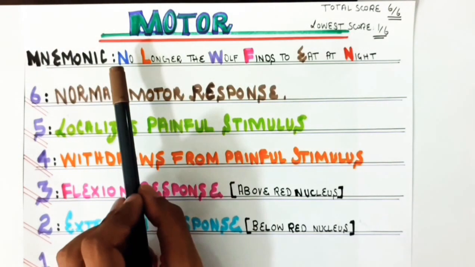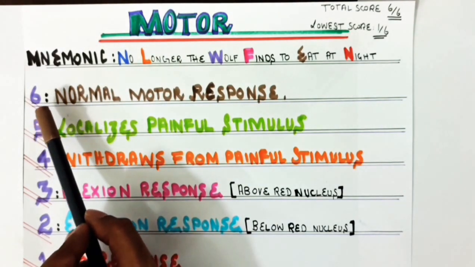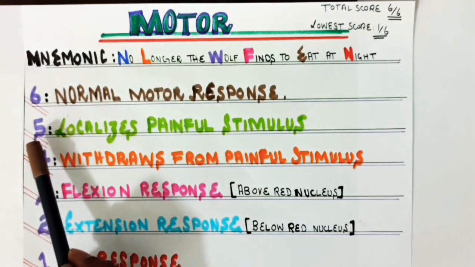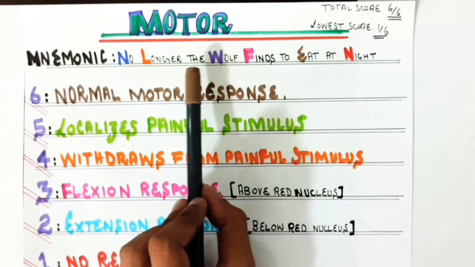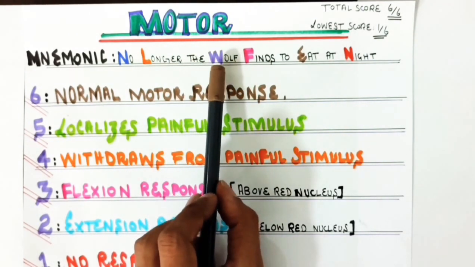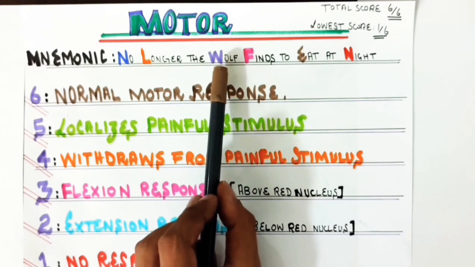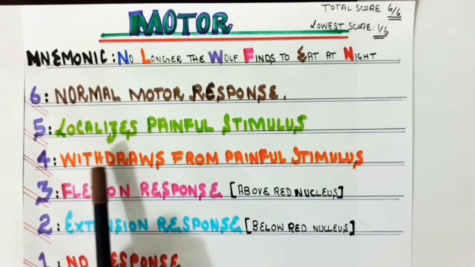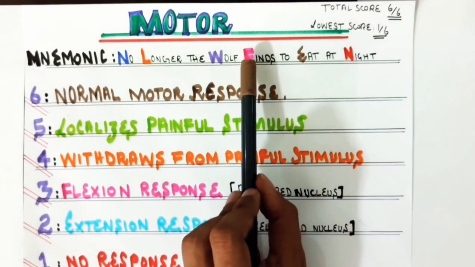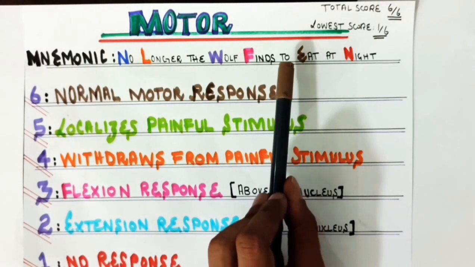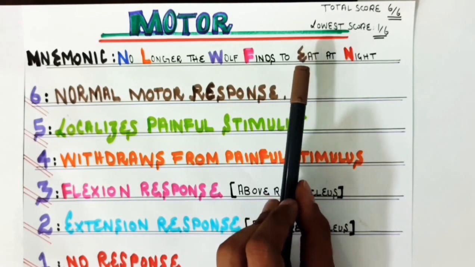The N for this stands for the score of 6, L in "longer" stands for the 5. Skip this one, which is written whole in black. Now moving on, the W of "wolf" corresponds to the 4th one, that is withdraws. The F in "finds" corresponds to the 3rd score, flexion, and skip this one written whole in black.